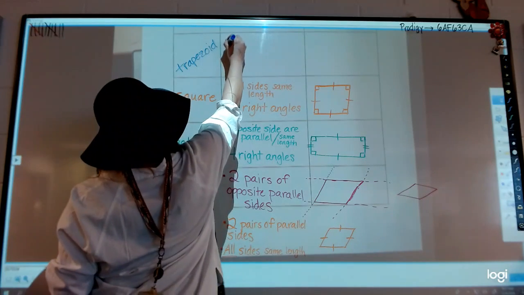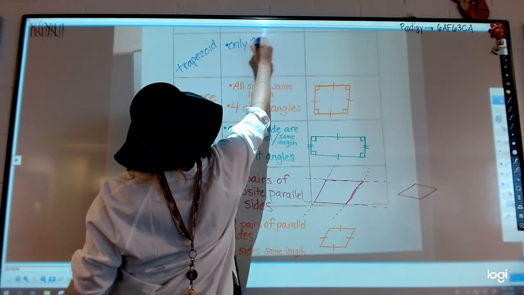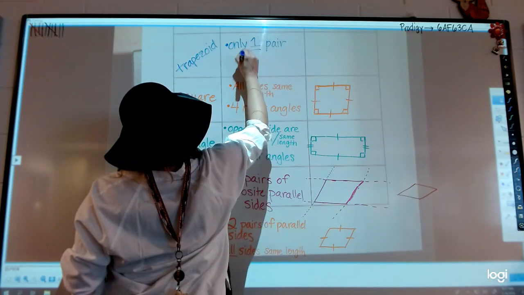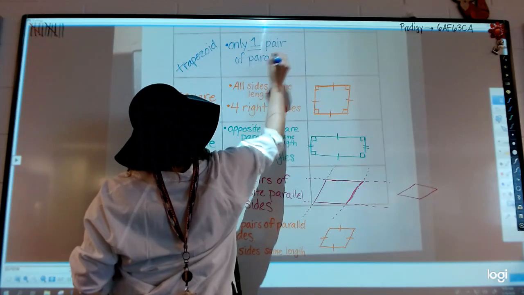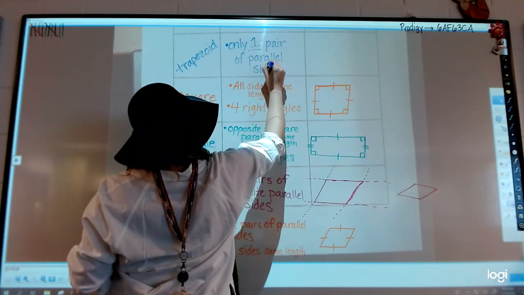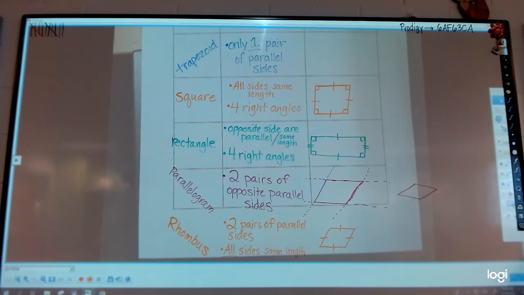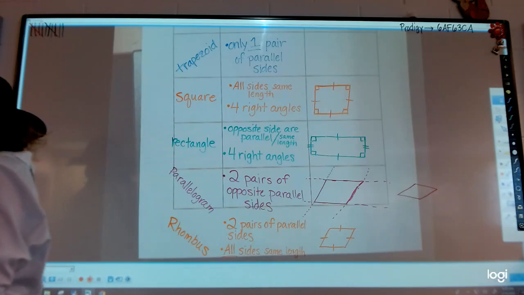That's it. So one pair of sides have to be parallel, never crossing. But the other sides don't have to be parallel.